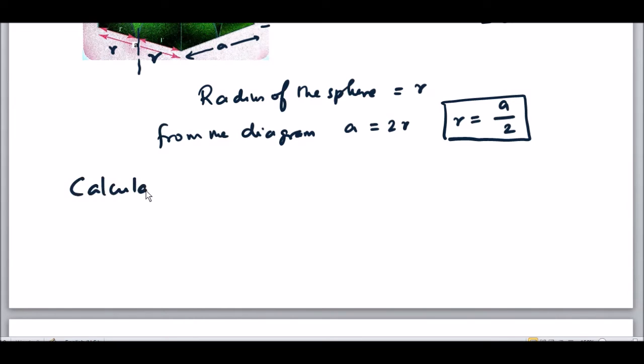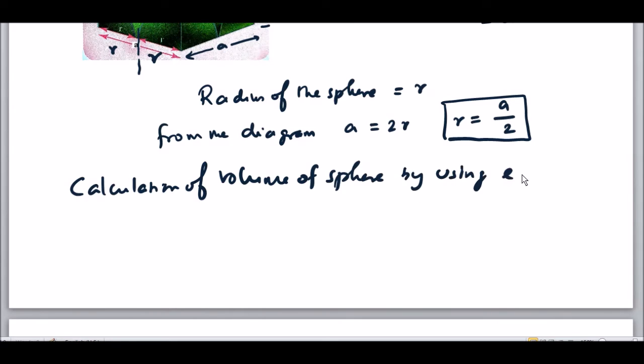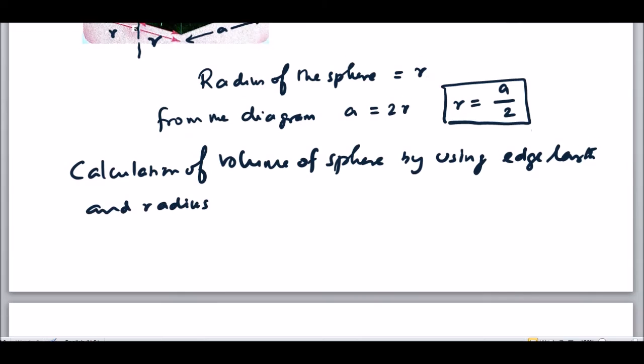Calculation of the volume of the sphere by using the edge length value and radius is tried as follows.